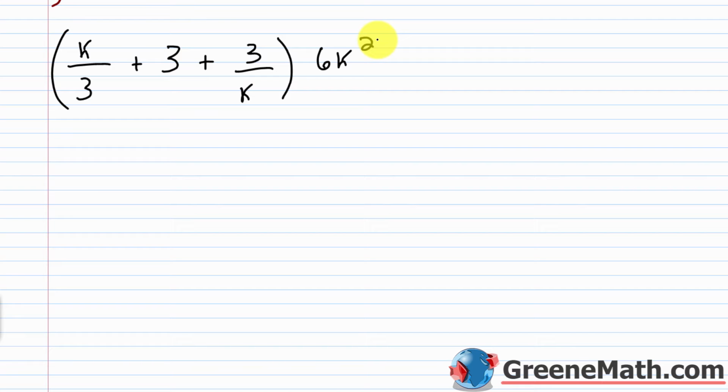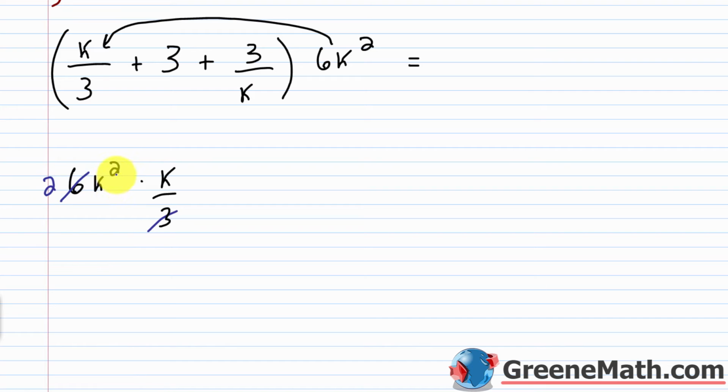And again, all I'm going to use is the distributive property. So 6k squared times k over 3. Well, we know that the 6 would cancel with the 3 and give me a 2. And then k squared times k is k cubed. So for the first part, I'm going to put 2k cubed.